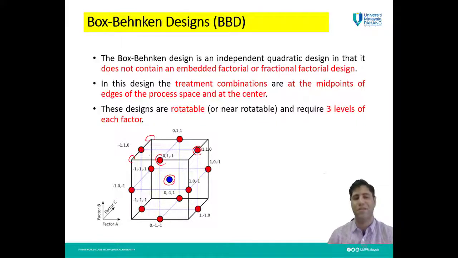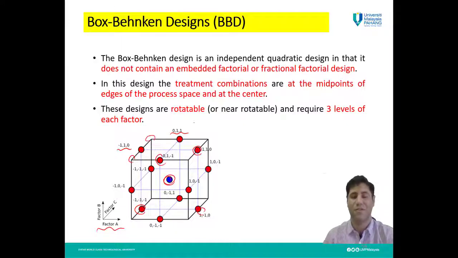This is a design space for a three-factor design, and you can see here we have three levels for each factor. For example, for factor A, we have this, and this. And we have this for all of the factors.